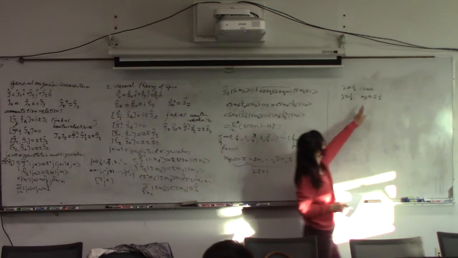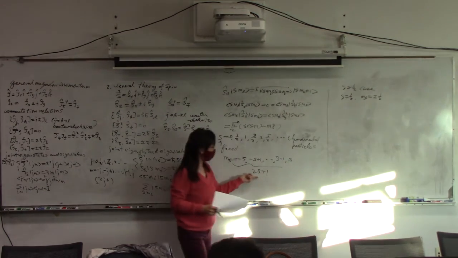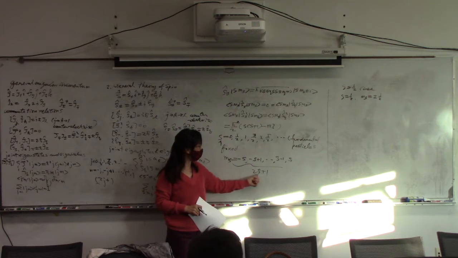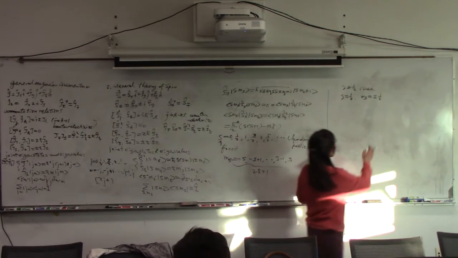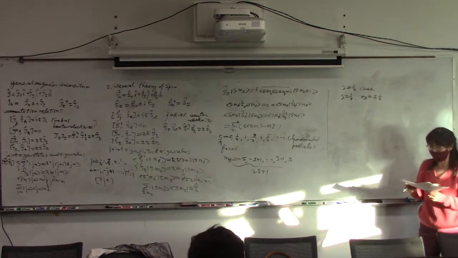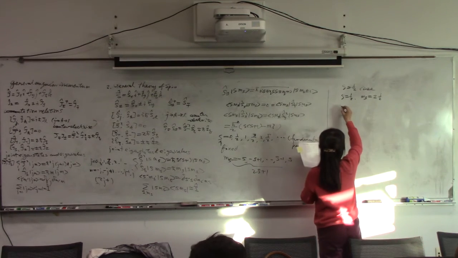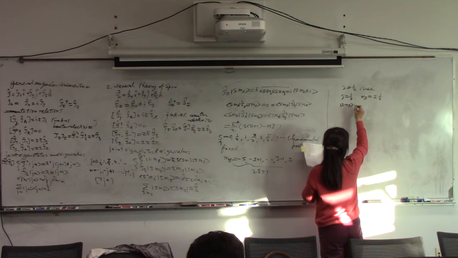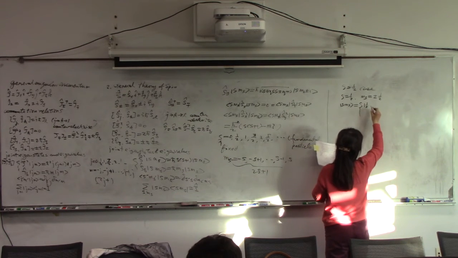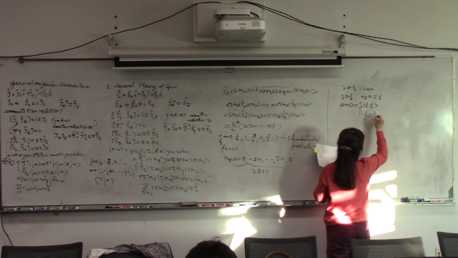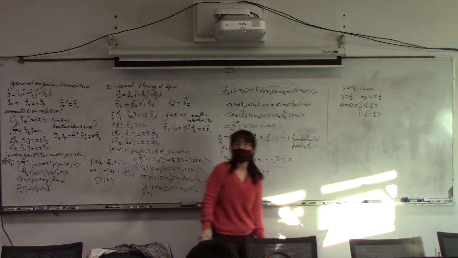So there are only two values, and that also makes sense. How many different ms? 2s plus 1 with s half is only 2. So that is a special case. So we have two states. One is spin half, with ms half. Another is spin half, but ms minus half. Only two states, right?